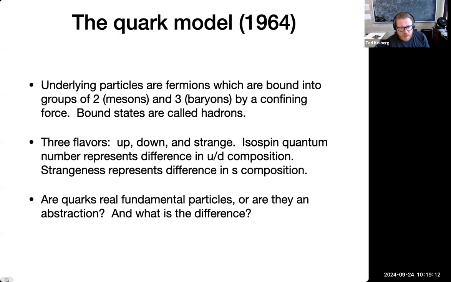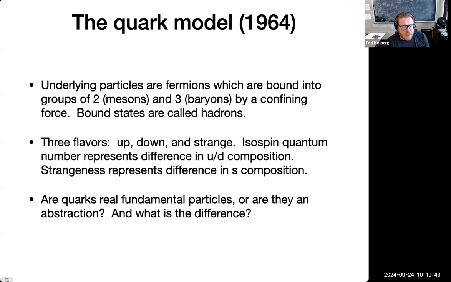In the original quark model, what's necessary to explain all the particles on the last few slides are just three flavors of quarks, which are given these sort of whimsical names: up and down, for the quarks that are found in the proton, neutron, and in the pions. And then the strange quark is responsible for giving strangeness to the particles that have this quantum number. There's a concept sort of inherited from nuclear physics called isospin. This is the quantum number that, for example, distinguishes the proton from the neutron.